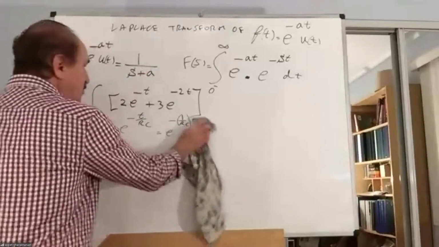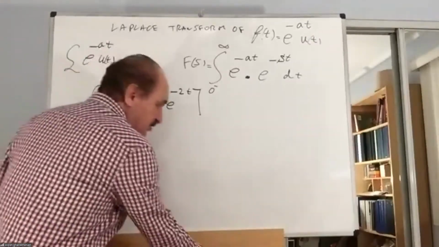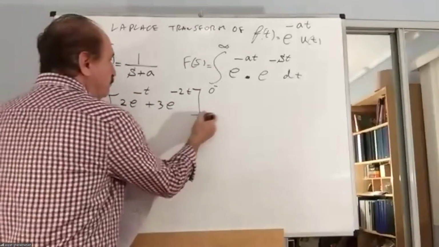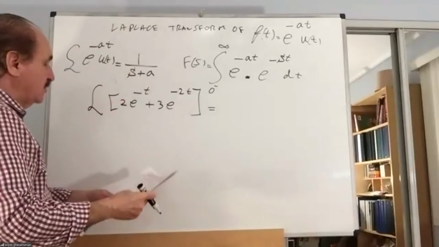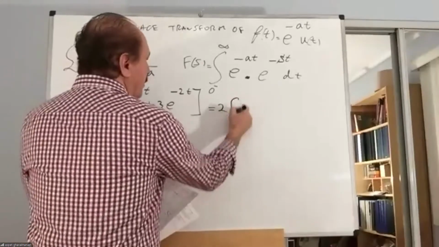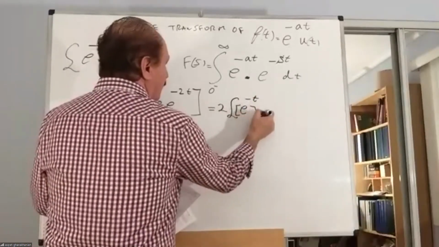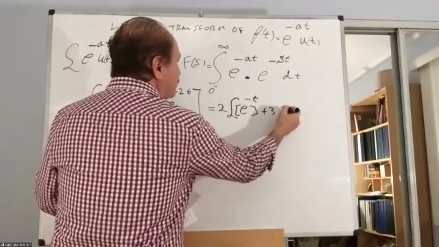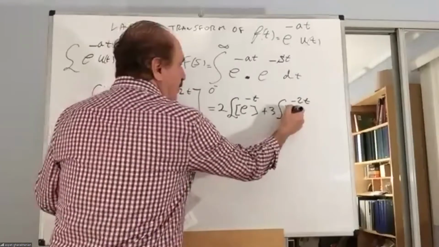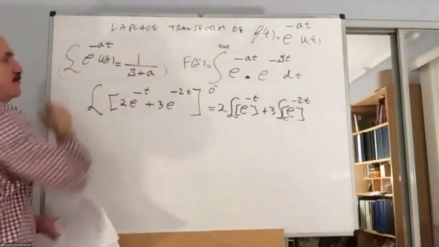Okay, so we want to determine the overall Laplace transform and present it as one function. How do you do that? Deal with them independently. So this is 2 times Laplace transform of e to the power minus t, and then 3 times Laplace transform of e to the power minus 2t. Go to the table. This is our short table.